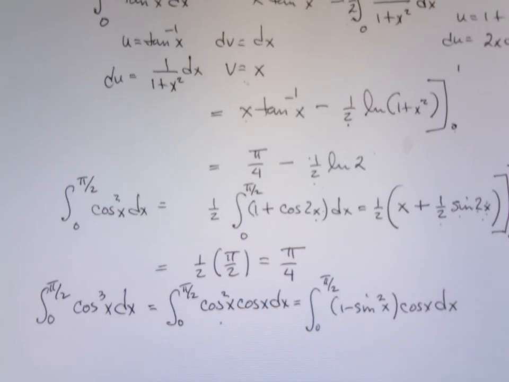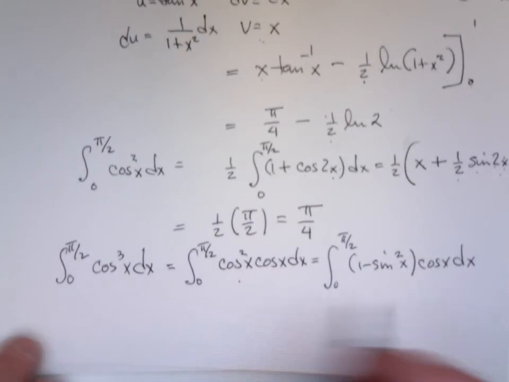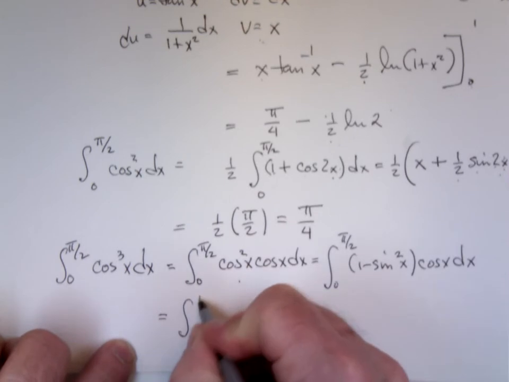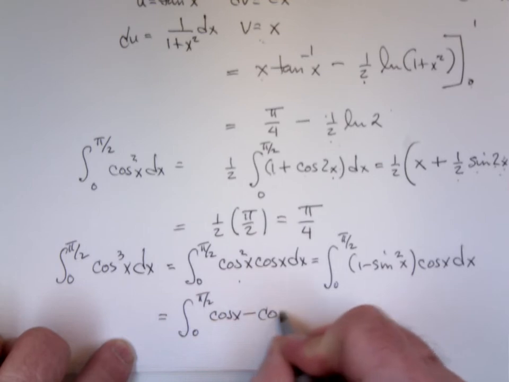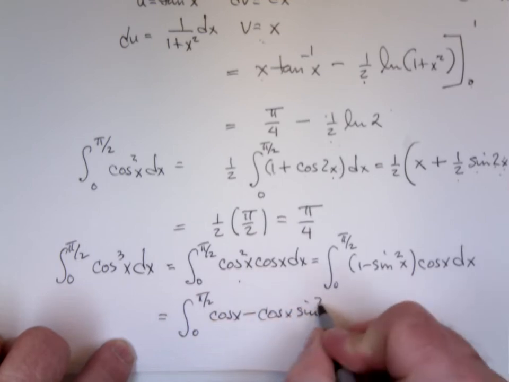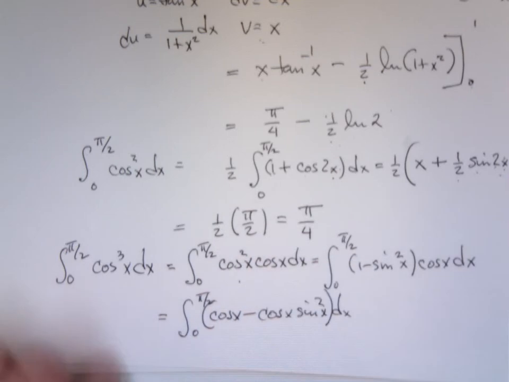Okay. Multiply it out. You'll have the integral of cosine minus cosine sine squared. Now we can integrate each one.